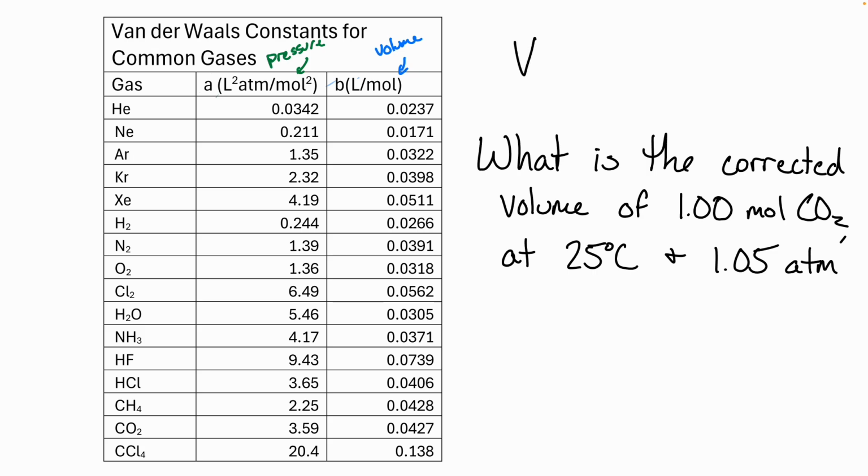All right, and to be clear, we said that was nRT over P. Then we are going to add that correction factor.